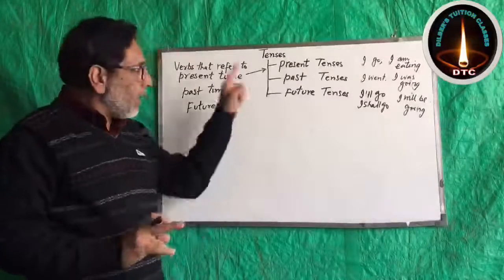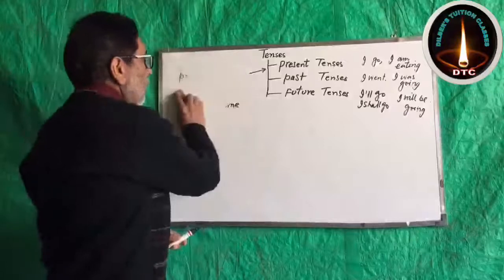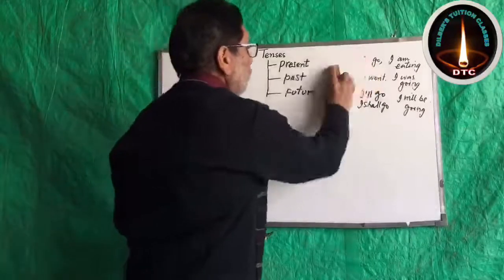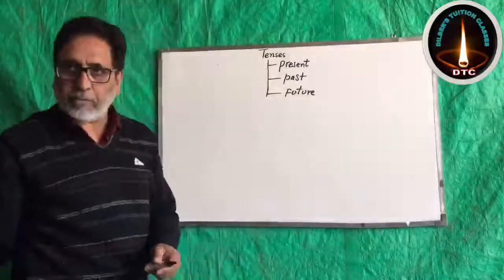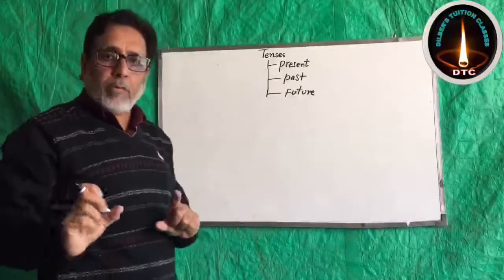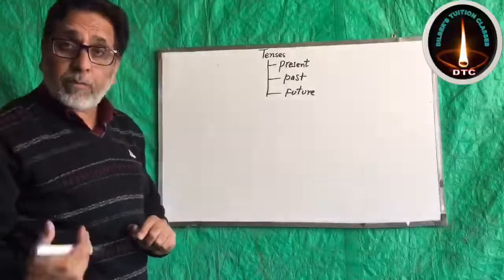Now each of these tenses, present, past and future, has four forms. They can be put in four forms. Present can be put in four forms, past can be put in four forms, and future can be put in four forms.